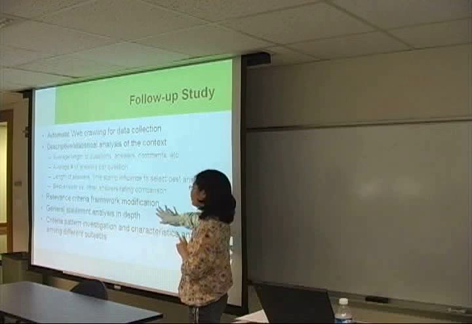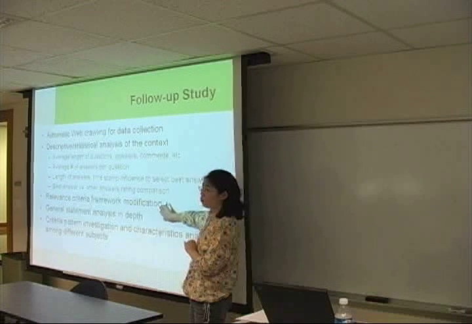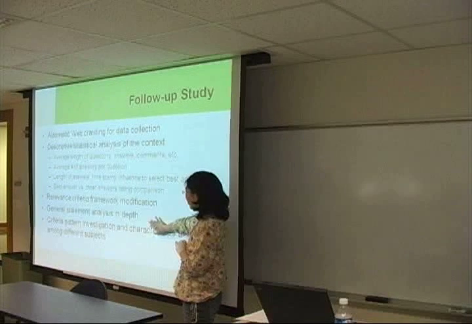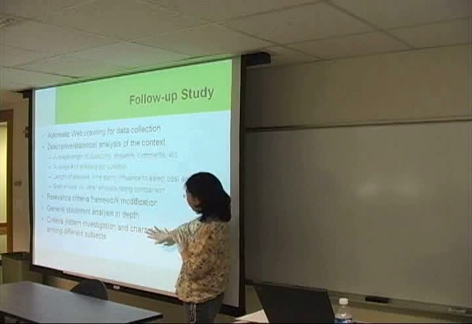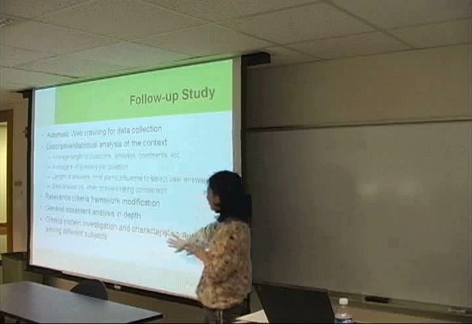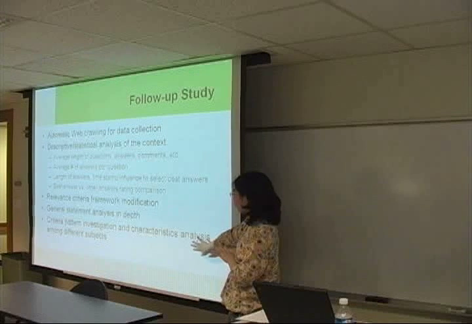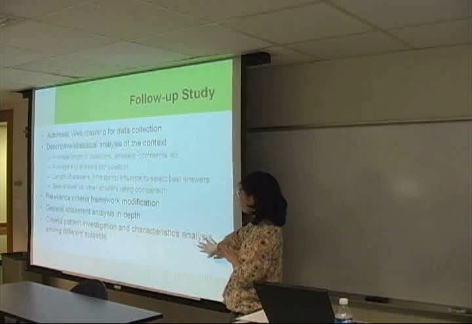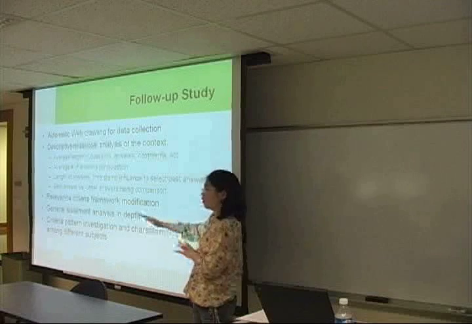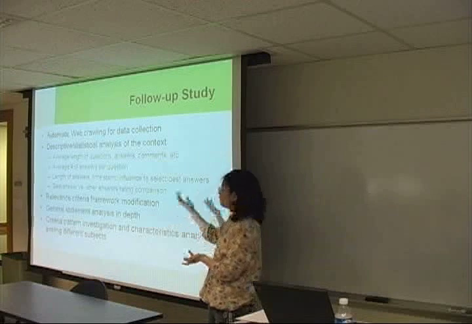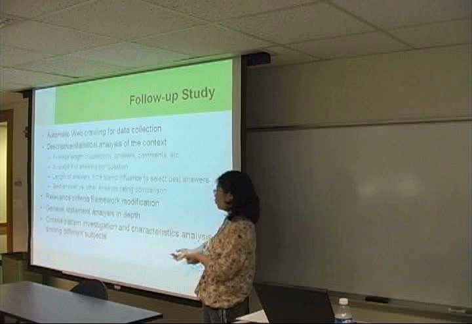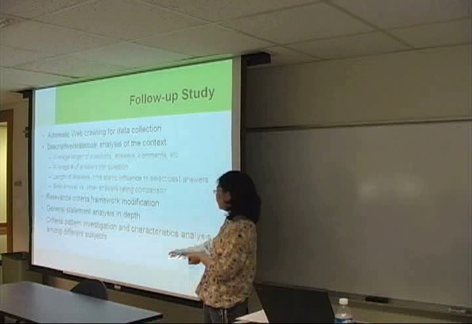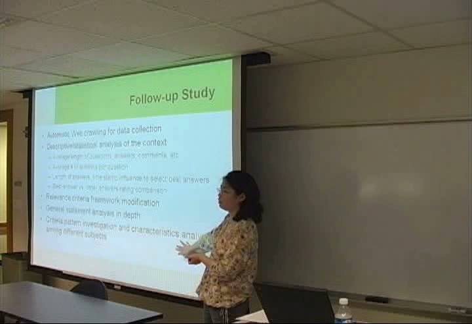And definitely our relevance criteria framework will be modified, and as I told you, general statement analysis will be conducted here, and then content pattern investigation and characteristics analysis among different subjects. We have a small number of subjects, but in case we have much fuller, richer data, we guess we will be able to do much more analysis on those subjects too.